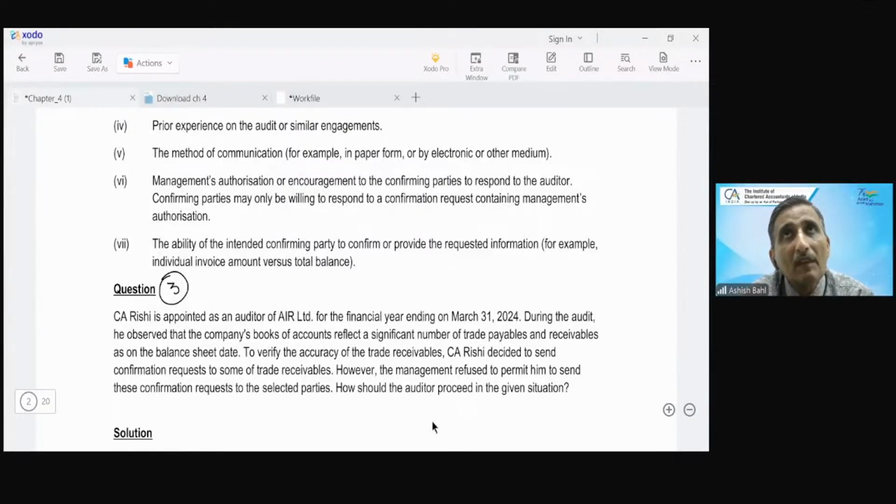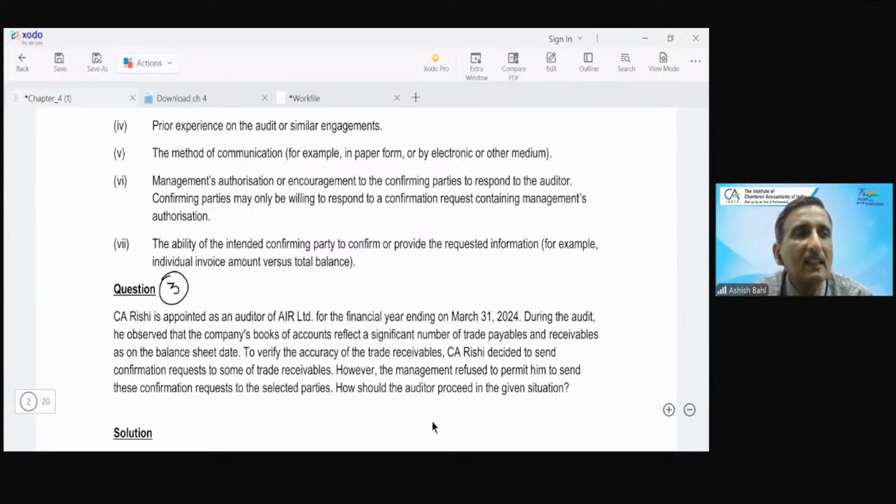So if the auditor finds that management's denial is reasonable, then he would see what alternative procedures can be performed to obtain sufficient appropriate audit evidence. Obviously, he cannot just do away with obtaining sufficient appropriate audit evidence. This he has to obtain, so he would try to obtain it by means of other procedures.